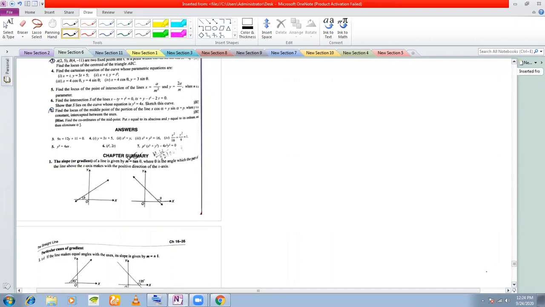Now I give you a small introduction of circles. What is a circle? Circle is the locus of a point. This is the actual definition of a circle, not the one that you did in class 9 or class 10. I have not put up the textbook yet, I'll put it later.